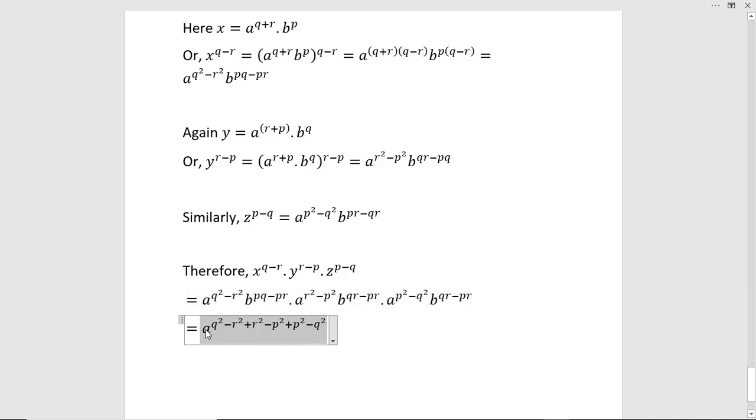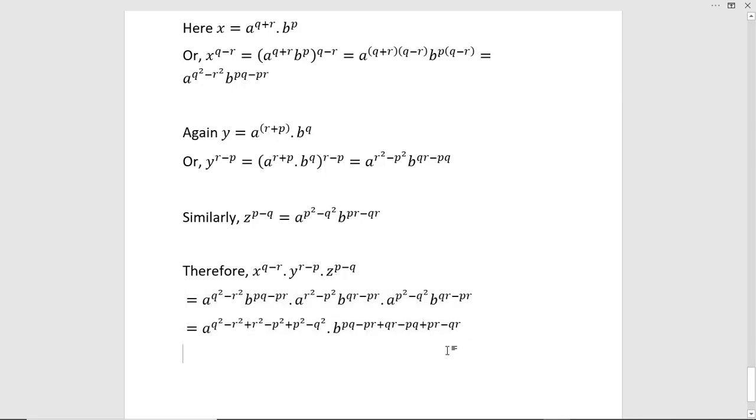These three a terms are multiplied to each other, so the powers q square minus r square, r square minus p square, and p square minus q square will be added, because the bases are the same. Also here b and b, the bases are the same, so their powers will be added.